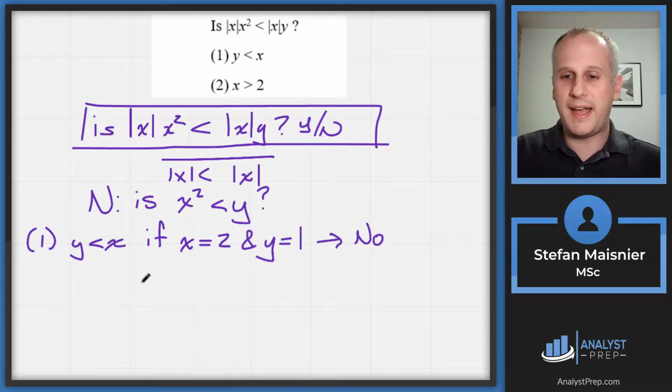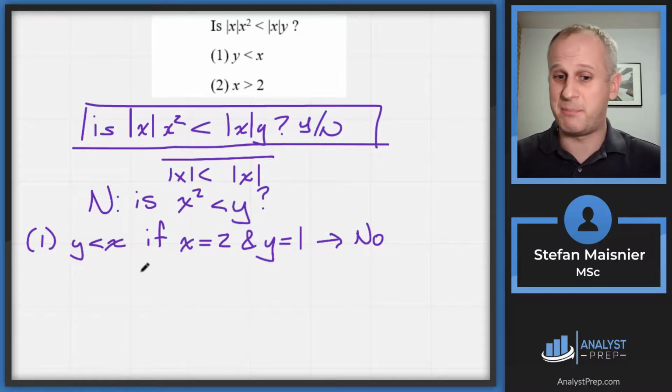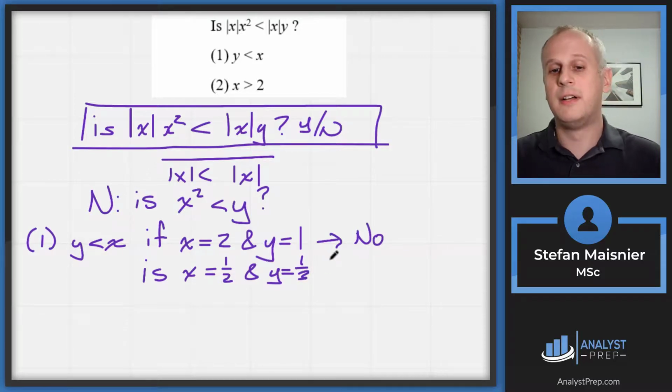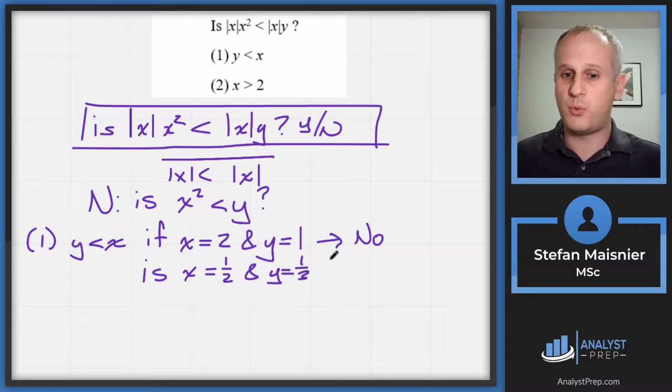But we have to then think about our frozen values. If we're considering fractions, if x is equal to 1/2 and y is equal to 1/3, well, now I know that 1/2 squared gives me 1/4.